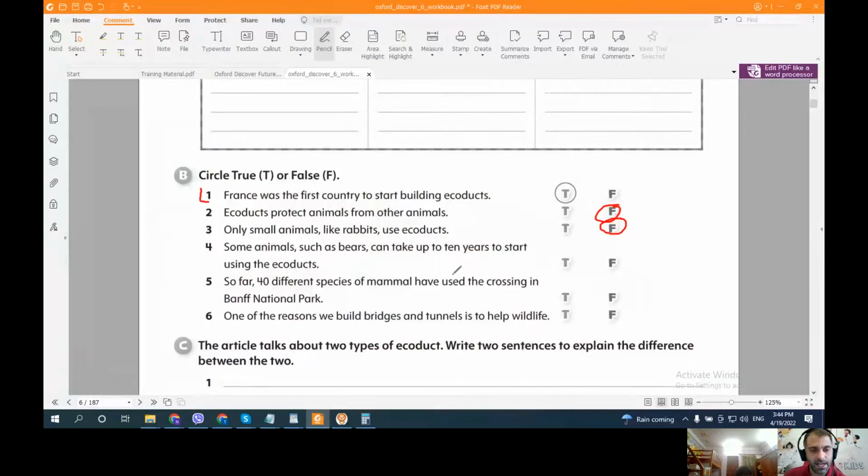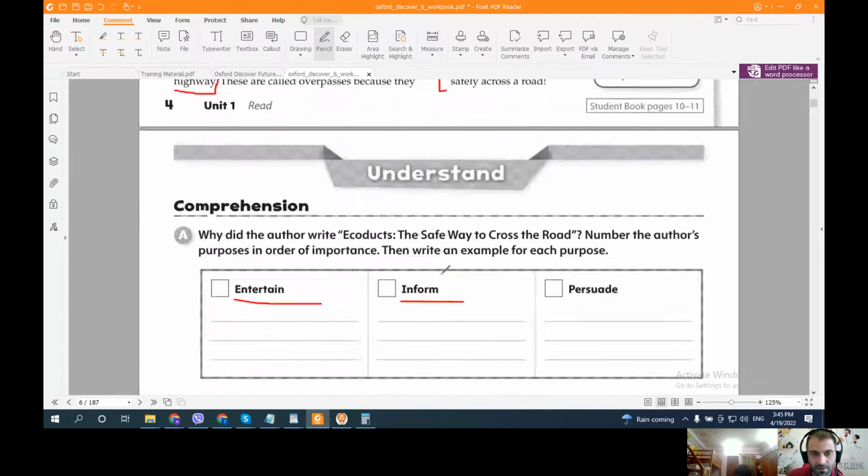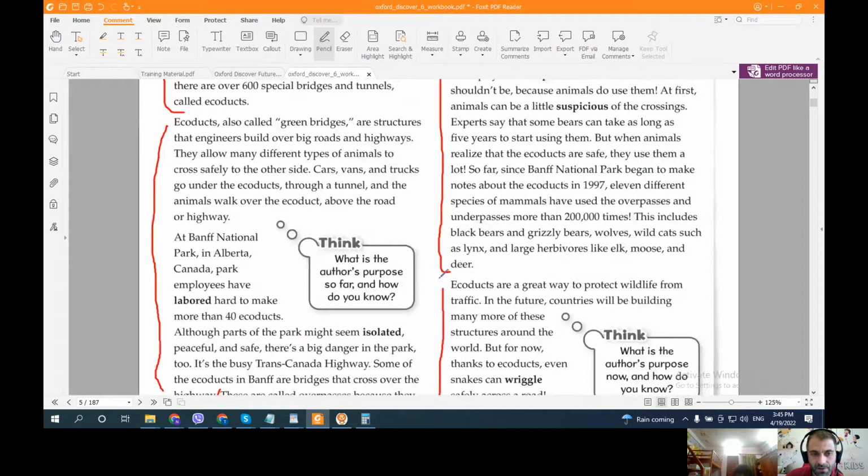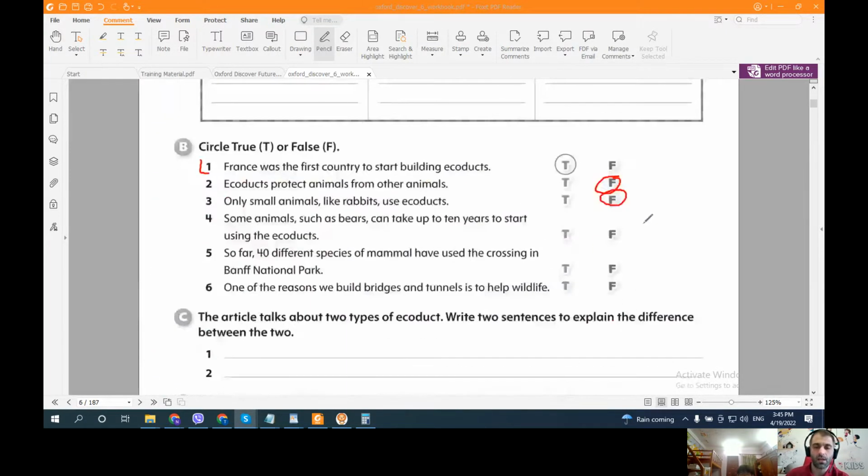Now let's see. Number 4: Some animals, such as bears, can take up to 10 years to start using the aqueduct. Can you go to the paragraph again? Of course. False. Okay.